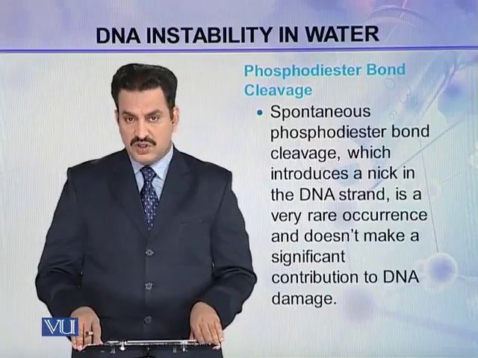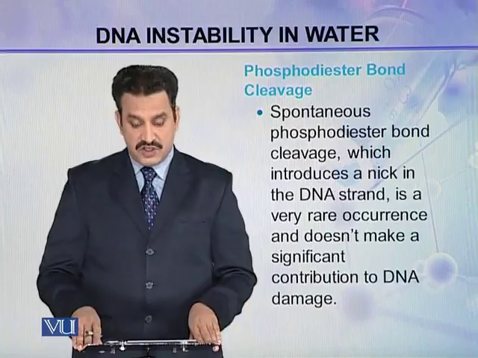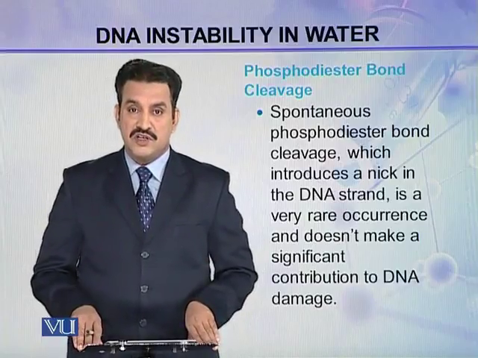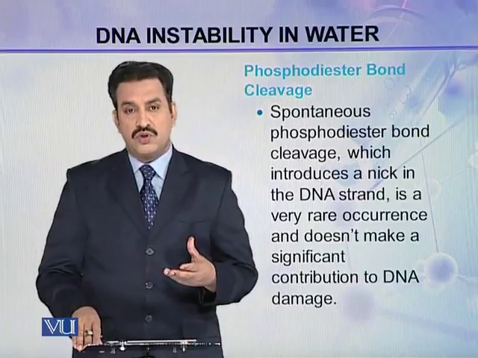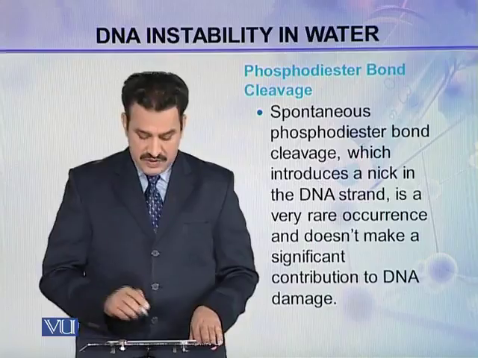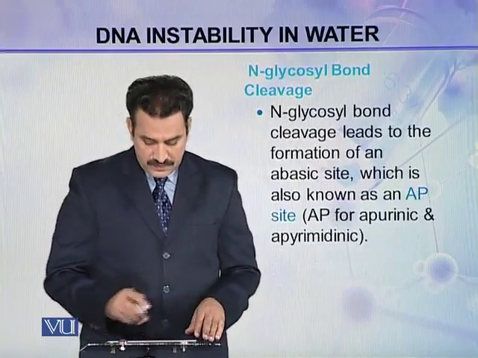But this is of very rare occurrence, and it doesn't make a significant contribution to the DNA damage. So this is not that significant as far as the DNA damage is concerned.